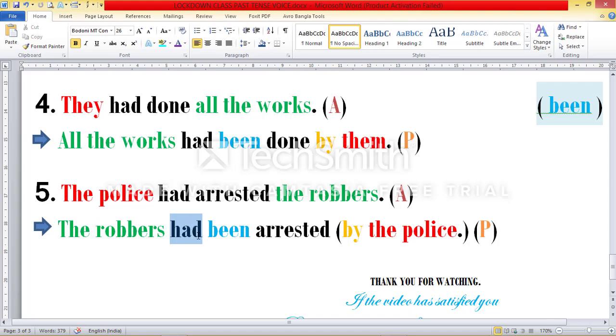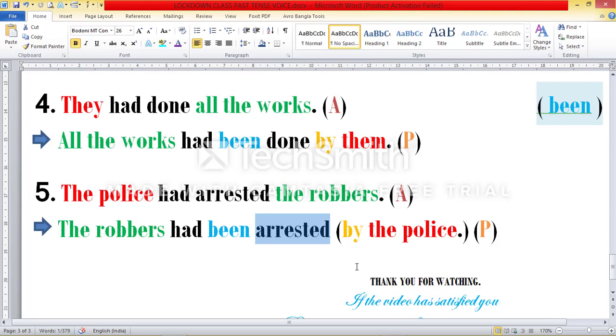So had has come. Then after putting had, we have to go to the verb been in case of past perfect tense. So been has come here. Then as per rule, we have to write the third form of the verb, in case of past perfect tense, it is already given. So arrested, we have to write here arrested, the third form of the verb.